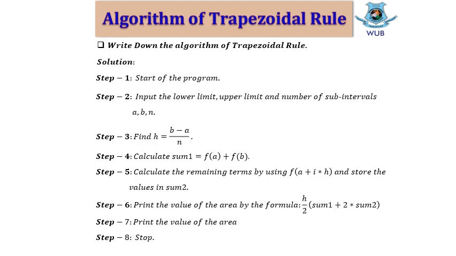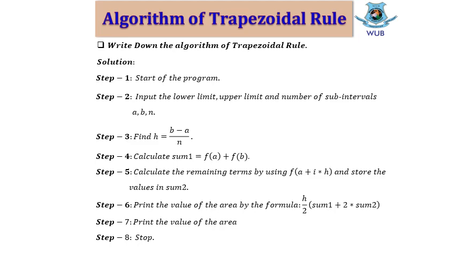That means you have to find the value of a plus I multiplied by h, in function format, and store it in another variable which may be sum2, or as you wish you can define any other variable.